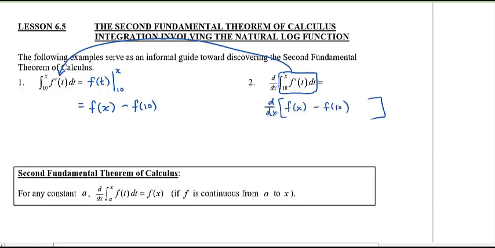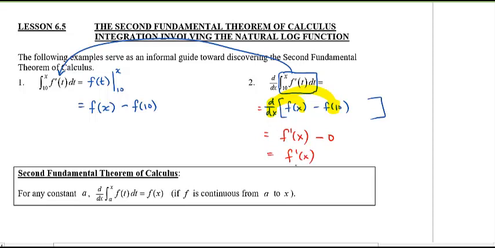So what is the derivative of f of x? If I apply the derivative to f of x, what do I get? That's correct, just its derivative, f prime of x. And then if I apply the derivative to f of 10, now f of 10 is just some value or a number. So the derivative of a number must be, you got it, 0. And so ultimately this is just equal to f prime of x.